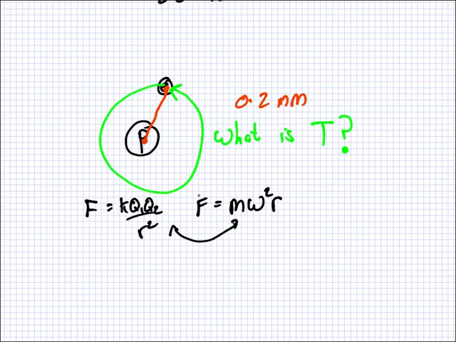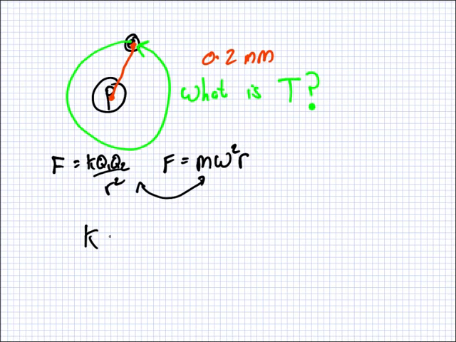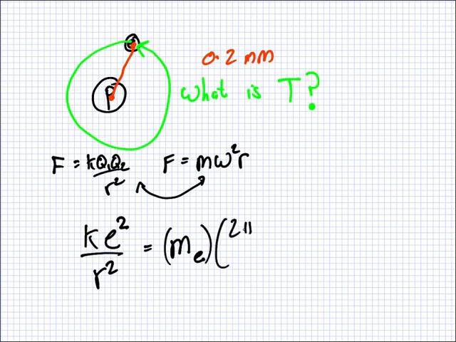So you get K E squared over R squared equals mass of the electron. Omega is 2 pi over T, squared, R. Now you can bring that up there to make R cubed if you want.